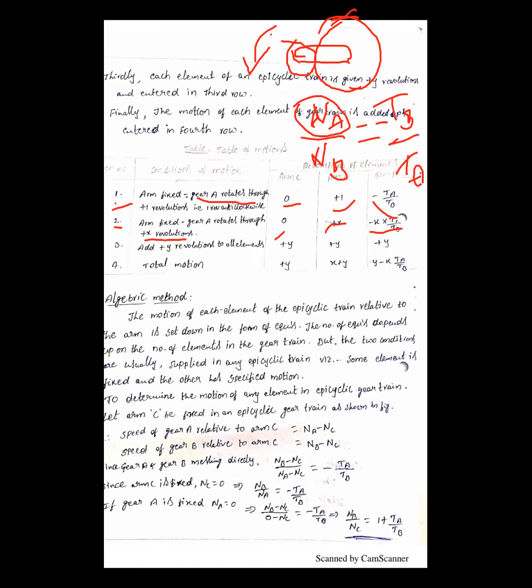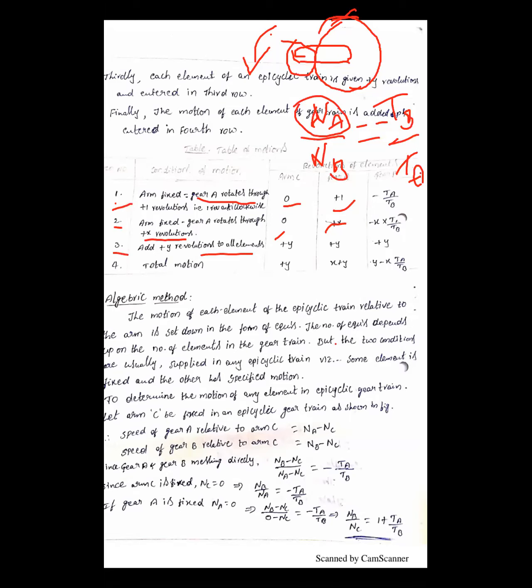Now going to the third condition: add plus y revolutions to the elements. Whatever elements participate in our gear train also have some movements. For example, fasteners, bolts and nuts, whatever it may be, will also give the revolution. For example, we take our arm.